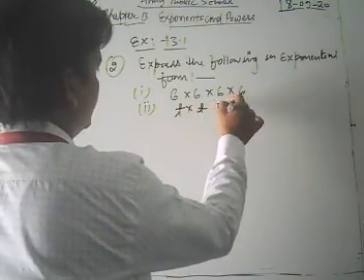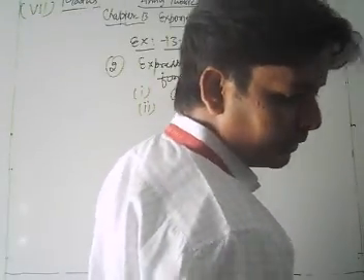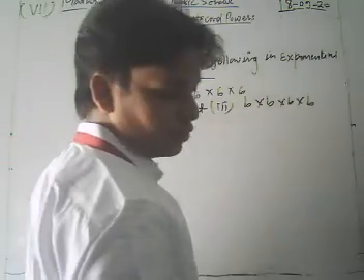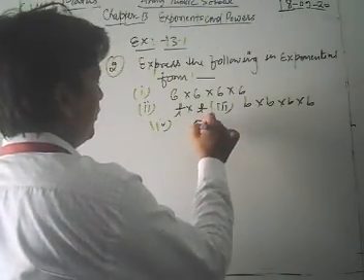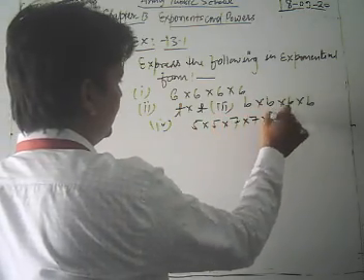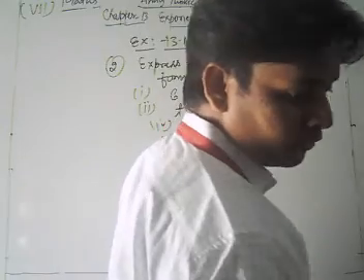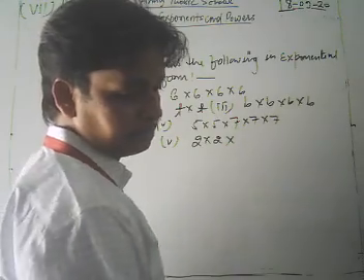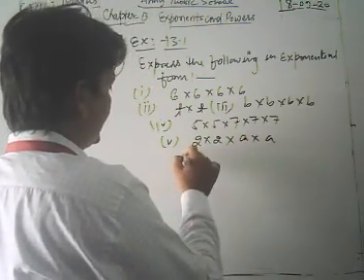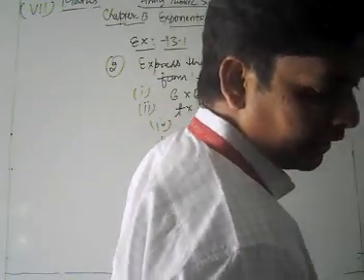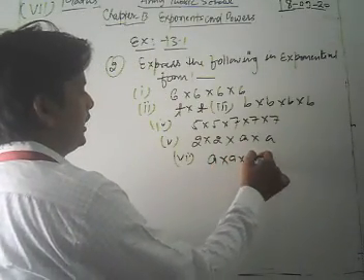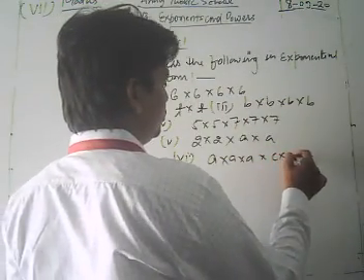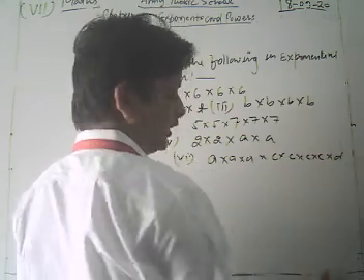The third part is b multiplied 4 times, b multiplied by b multiplied by b multiplied by b. The fourth part is 5 into 5 into 7 into 7 into 7. The fifth part is 2 multiplied by 2 multiplied by a multiplied by a. And the sixth part is a multiplied 3 times, a into a into a, into c multiplied 4 times, 3 into c into c, and multiplied by d.